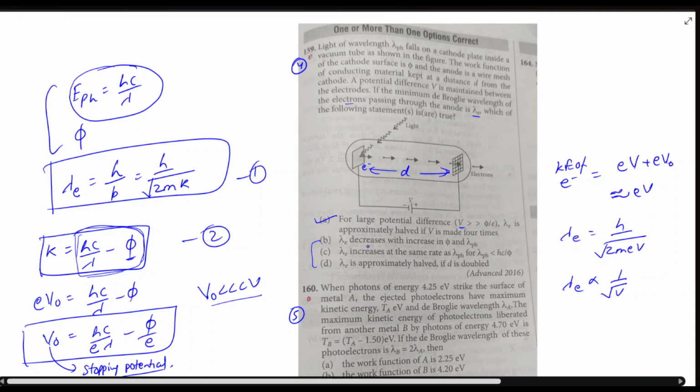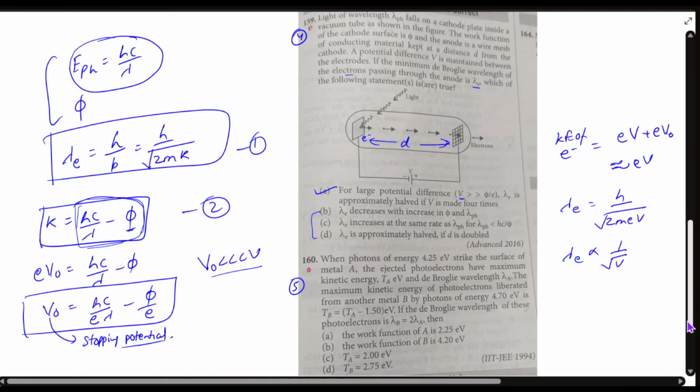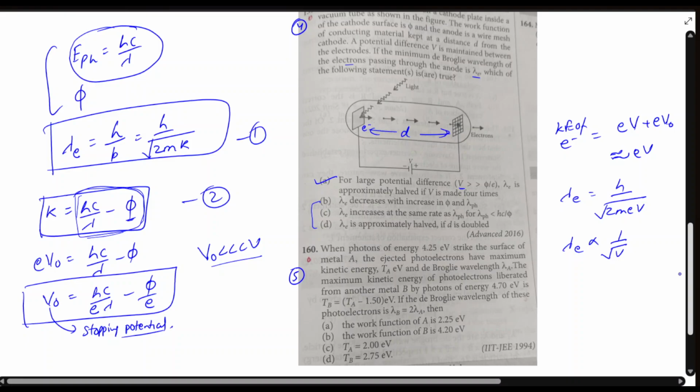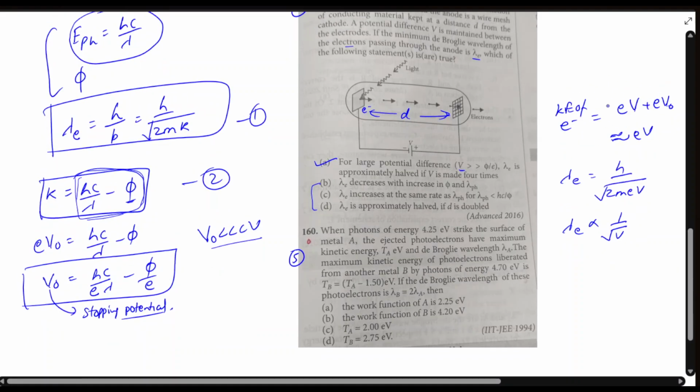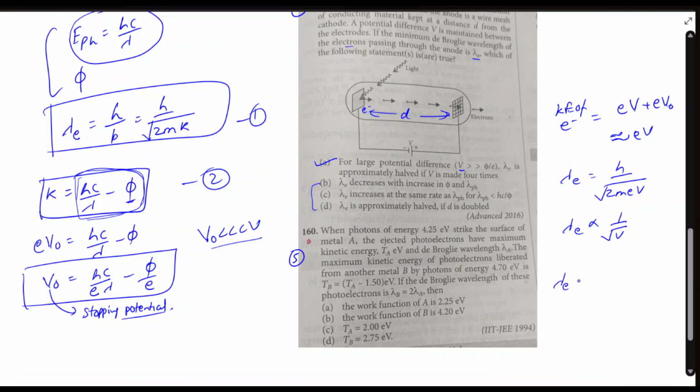So lambda e decreases with an increase in this. Let's consider them. The kinetic energy will be this. Let's put these values in now. So lambda e will be h upon root 2me times V plus V naught.